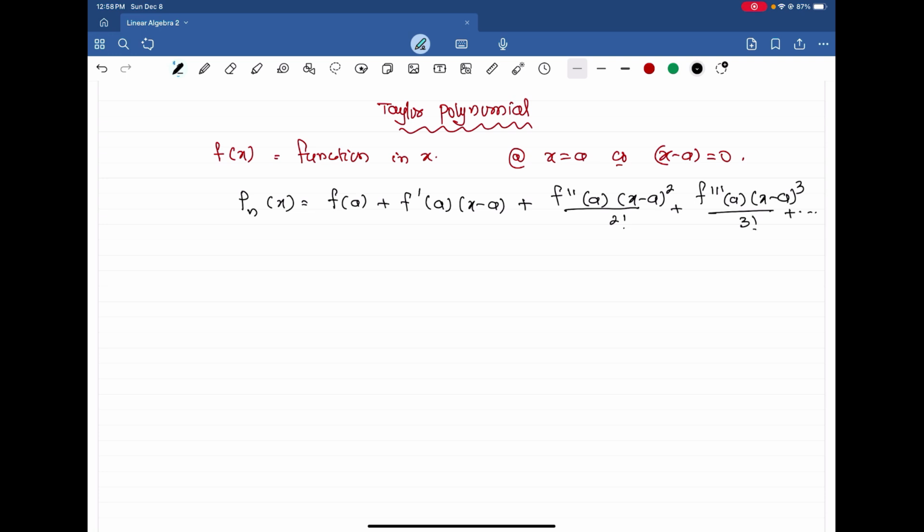A function f(x) at x is equal to a can be expressed in a polynomial form like this.